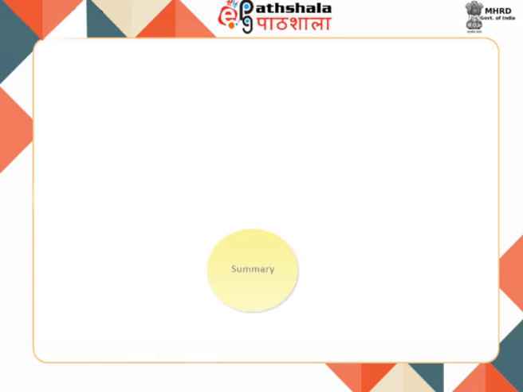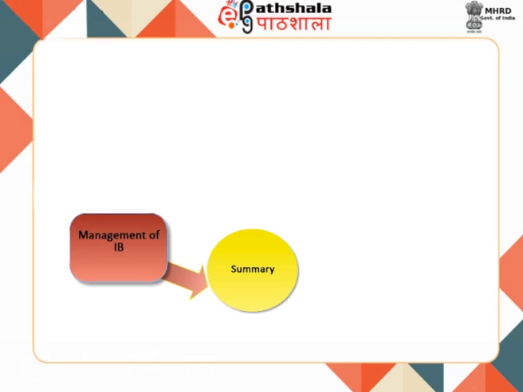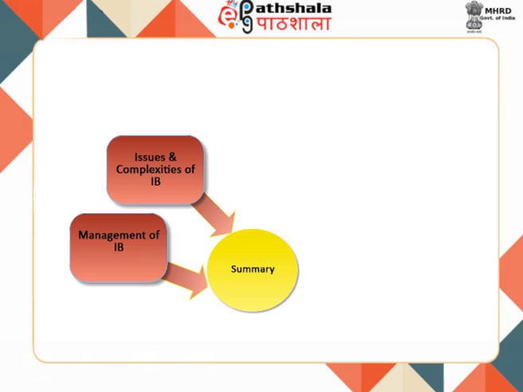We will now summarize what we have studied in this module. The module has covered the concept of management of IB operations. It is the process of fulfilling the global objectives of the firm. We also covered the various issues and complexities surrounding IB operations, namely varied business environment, higher risk and uncertainty, and operational factors.